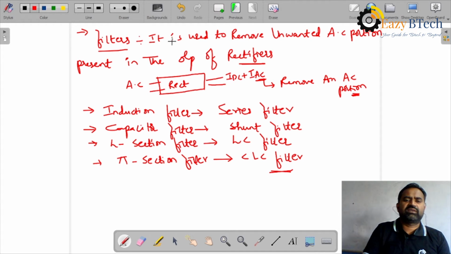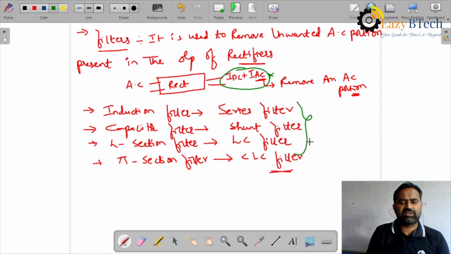Okay, students, listen. The filter is used to remove the unwanted AC portion present in the output of the rectifier. Because in the output of the rectifier we have both AC and DC portions. To get a DC output, we have to neglect the AC portion.